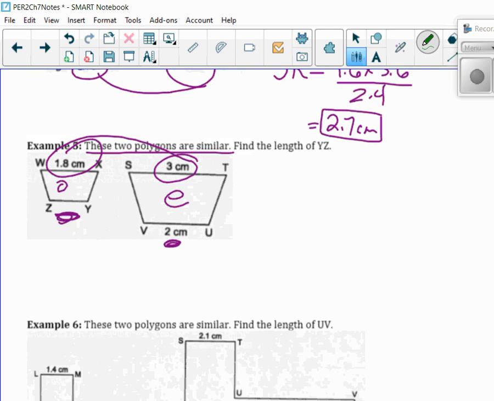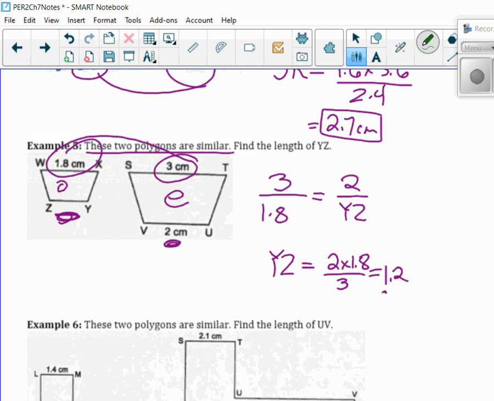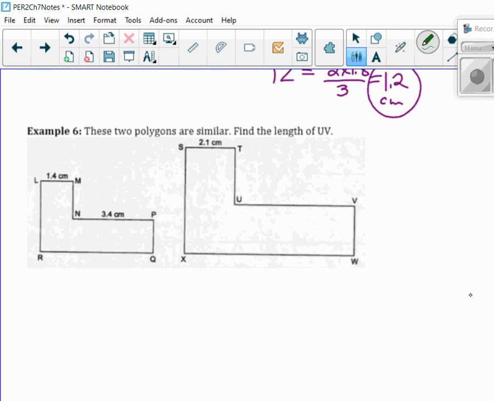So 3 divided by 1.8 is the same scale factor as 2 divided by YZ. So do a little cross multiply. YZ is going to be 2 times 1.8 divided by 3, and I get 1.2 centimeters. Again, if you want to try this on your own, you can pause the video and then check your answers.